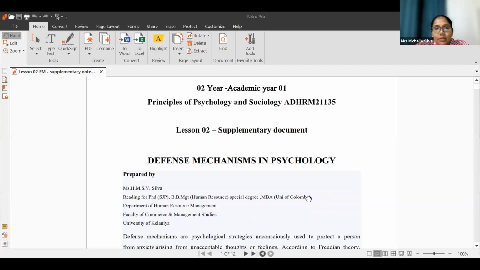In addition to that, I have provided you a supplementary document which covered the defense mechanisms in psychology. In the same handout I have included the five stages, because according to Sigmund Freud, a person's personality develops mainly through five stages.